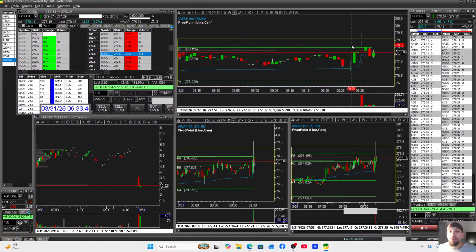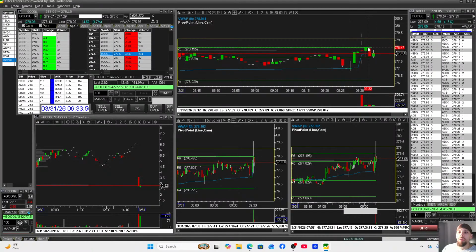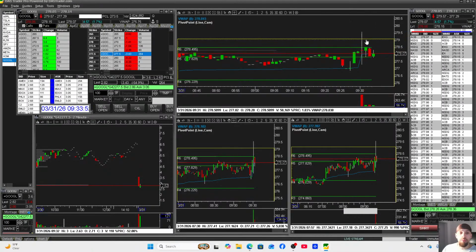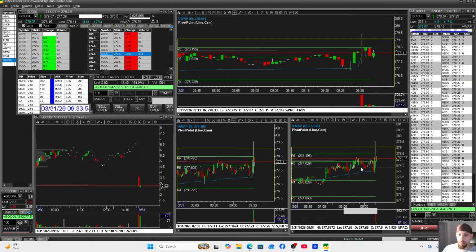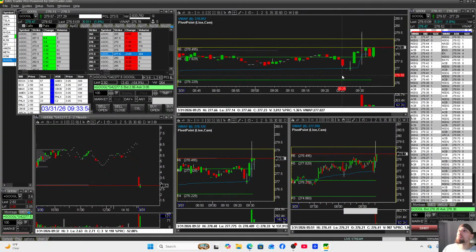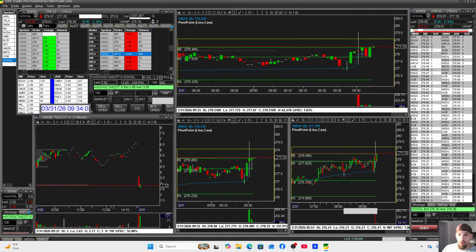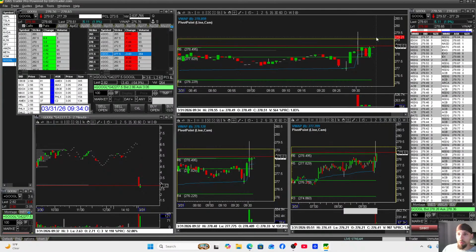I'm just waiting to see here. I want to see what it's going to do around this R6 level. Decent order at 279.5, which is just right above the box.